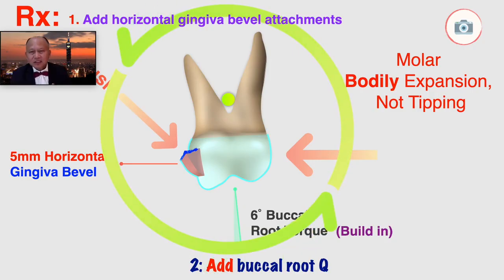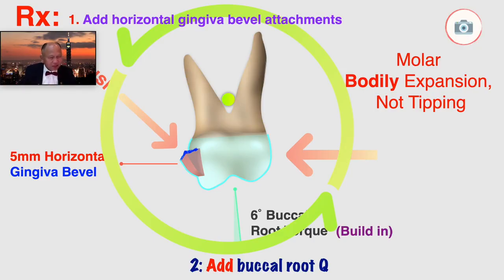So to add this horizontal gingival bevel to provide antagonist and also to have overcorrection, 6-degree buccal root torque is considered a reasonable approach. So it becomes my routine every time I have an expansion. For this case, I expand 3 millimeter per side, which is a lot.